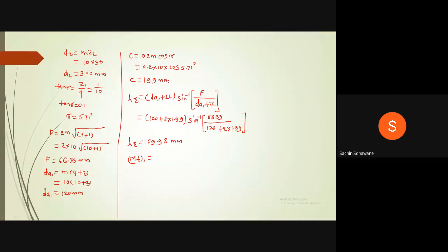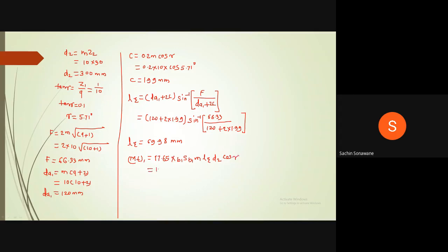Okay, this 69.98 is correct. Then MT1, the formula is 17.65 into XB1 into SB1 into M into LR into D2 cos of gamma.